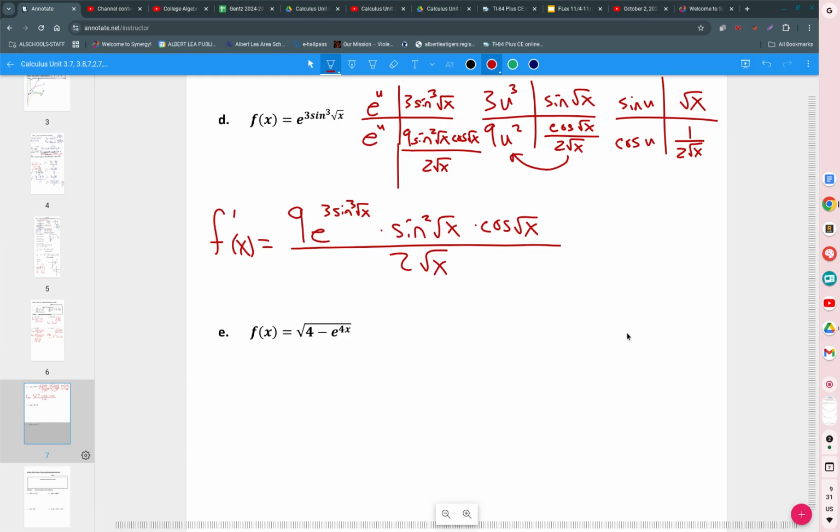I just used the chain rule 3 times. The boxes are helpful when you're organizing your work, aren't they?